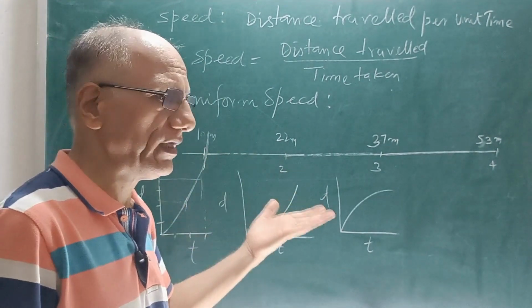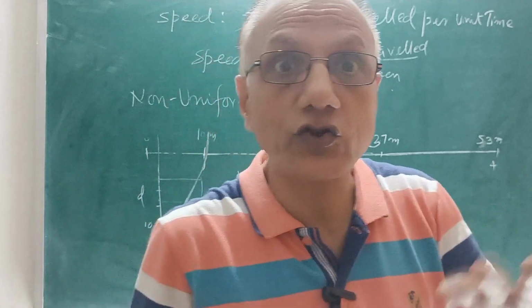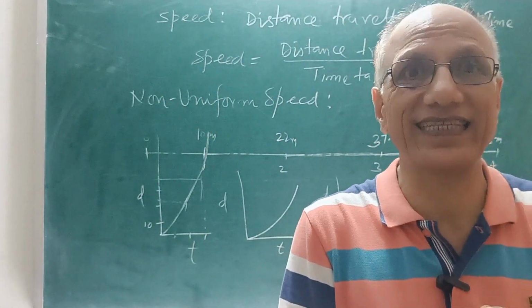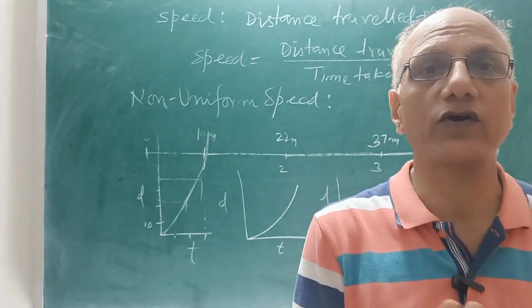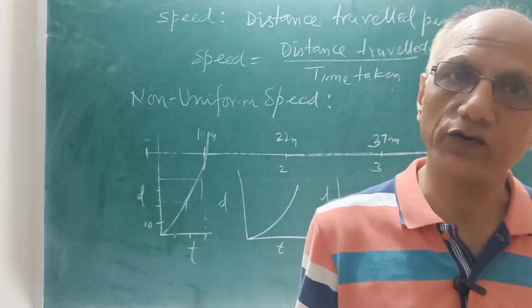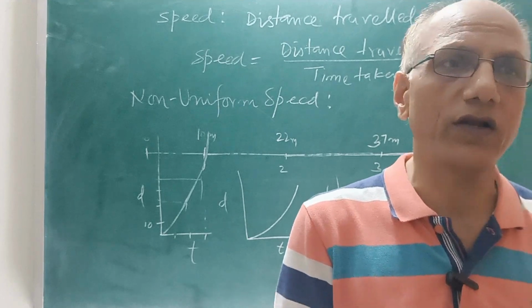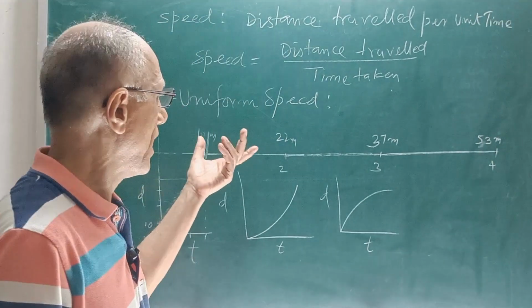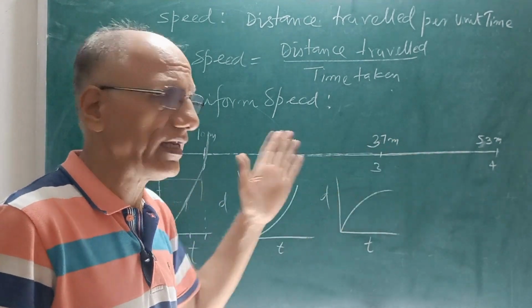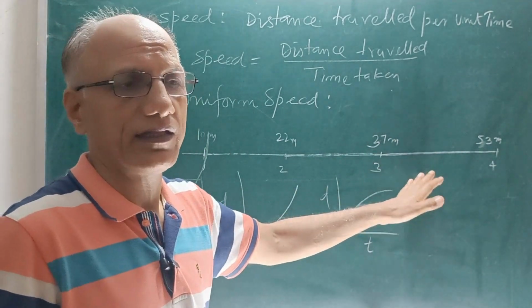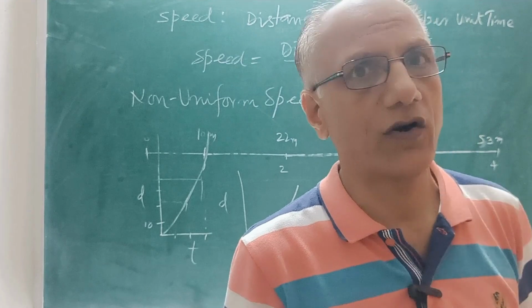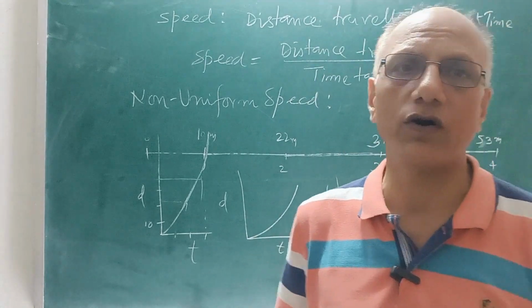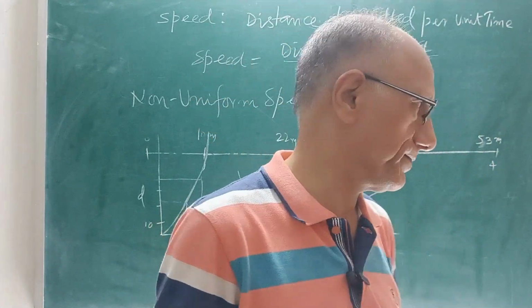The second case is non-uniform speed. If a body does not cover equal distance in equal intervals of time, then the body is said to have non-uniform speed. You can define this way also. Or if a body covers unequal distances in equal intervals of time, then the body is said to have non-uniform speed, or its motion is called non-uniform motion.